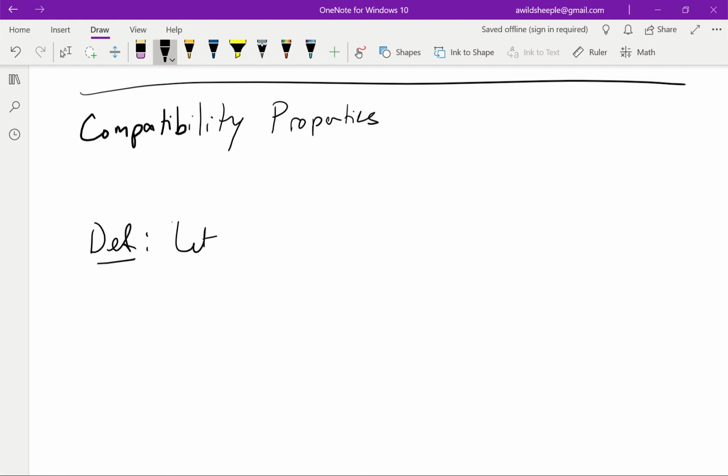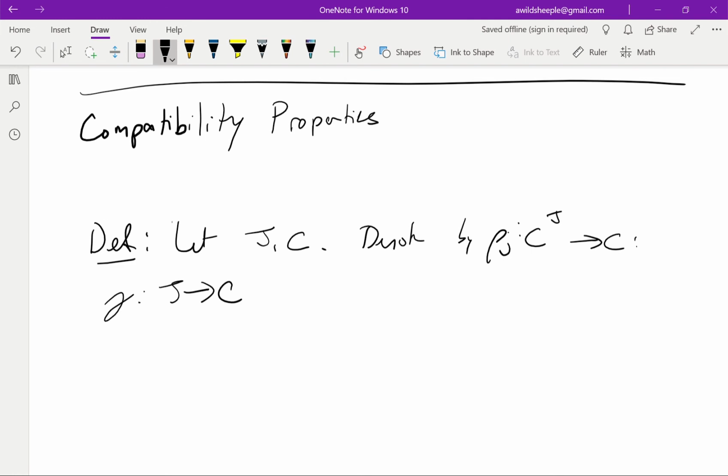So let's say we have two categories, J and C, where we're remembering that letters like I and J are small categories. These are basically our diagrams, or at least maybe the blank diagrams, and the functors between them are finished diagrams. And now let's say we have a map like so, ρ_J, which will go from C^J, the functor category, to C, which works by taking gamma in the functor category and sending it to gamma of J. Sorry, I almost wrote J of gamma, I got confused.